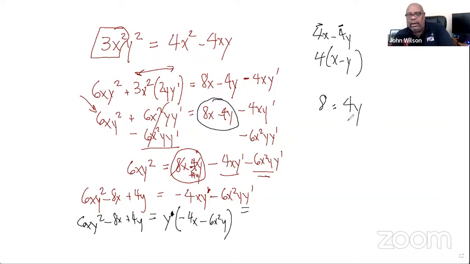Come on, not that hard. What would you do? Oh, you would divide by 4. Don't say divide by 4. That's where you get stuck. Divide both sides by 4. That's it. So what do we divide both sides by here to get y prime? You divide both sides by negative 4x minus 6x squared y.